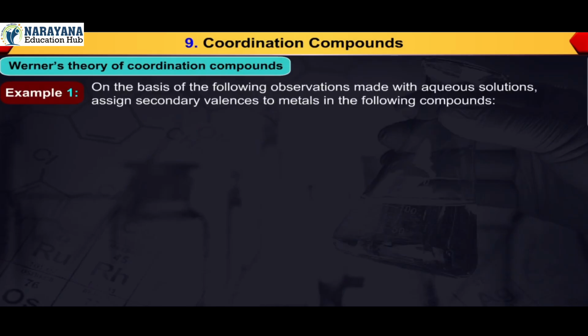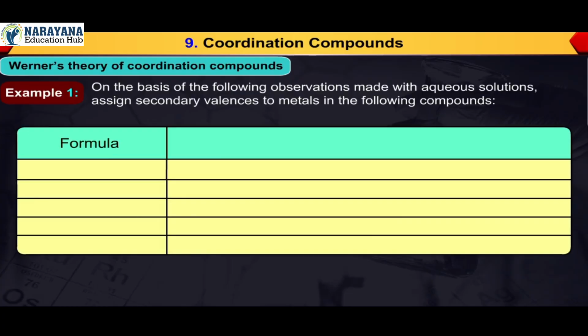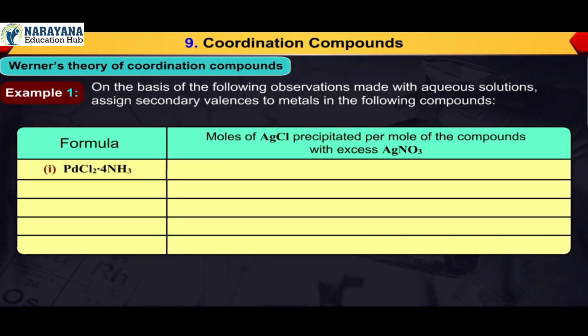Example 1. On the basis of the following observations made with aqueous solutions, assign secondary valences to metals in the following compounds. Formula, moles of AgCl precipitated per mole of the compound with excess AgNO3. 1. PdCl2·4NH3, 2. 2.